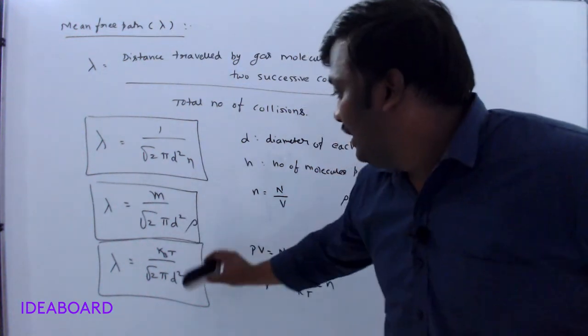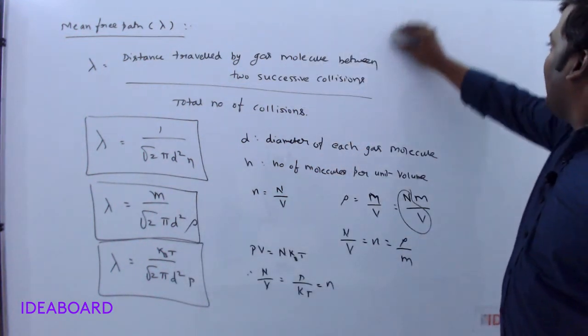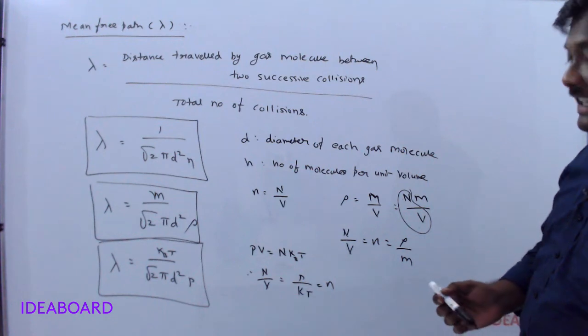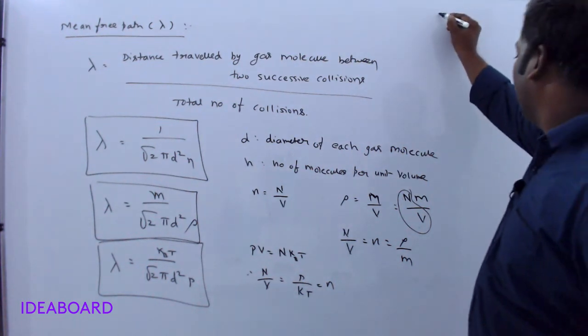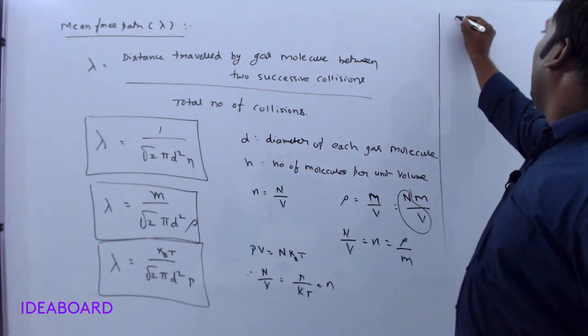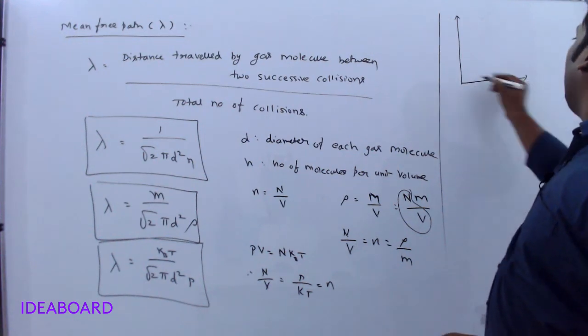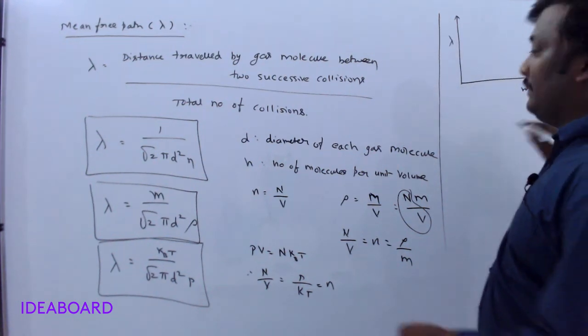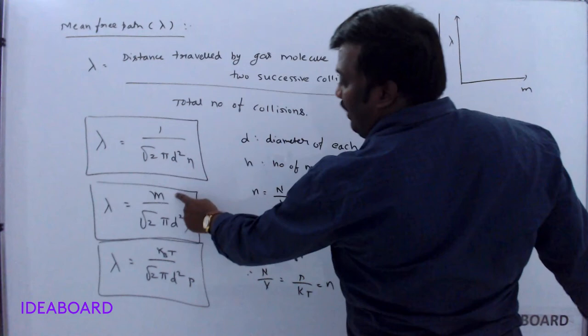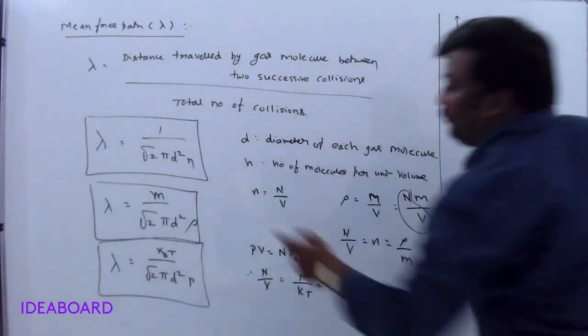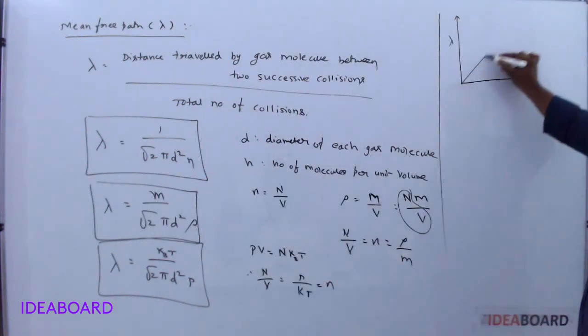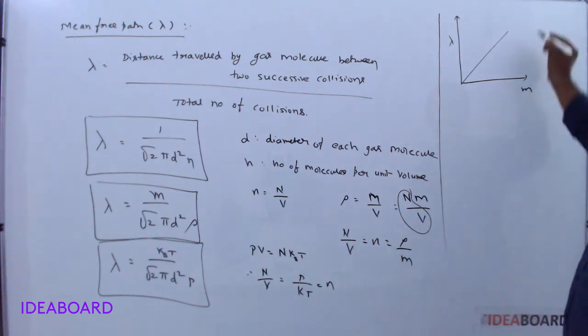From these relations, we can get different types of graphs. If the graph is drawn between the mean free path and m, lambda and the mass of each gas molecule are directly proportional, which means a straight line passing through the origin.